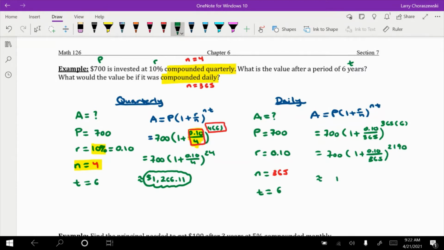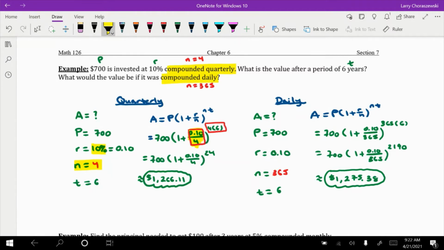I'm getting something to the tune of $1,275.38. Confirmation on that value. All right. So we end up getting a little bit more when the interest is compounded daily. And from what I understand, I believe credit card companies charge interest daily.